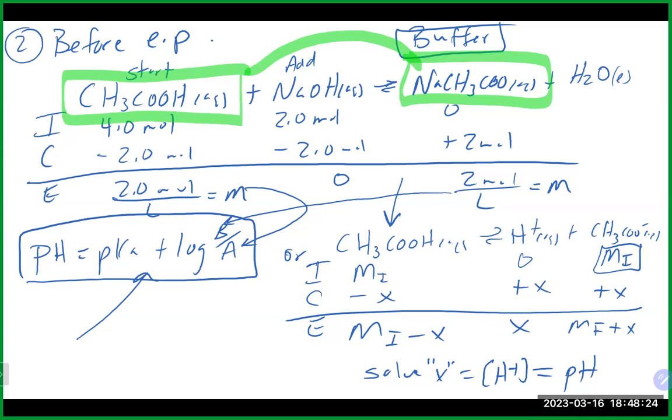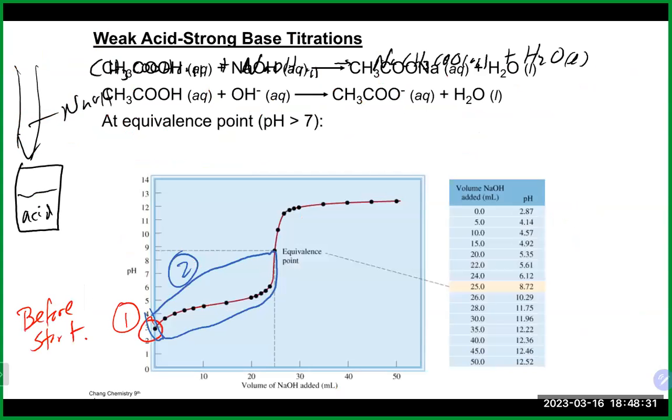Any questions on that? As you can see, this type of titration is a little different than the one we did previously. At the beginning, we have a weak acid sort of problem. From the beginning of the titration, when you add some sodium hydroxide, until before the equivalence point, you do need to do at least one ice table.